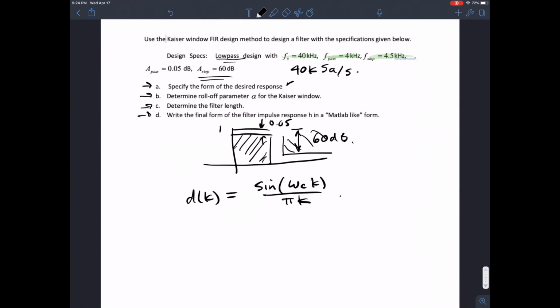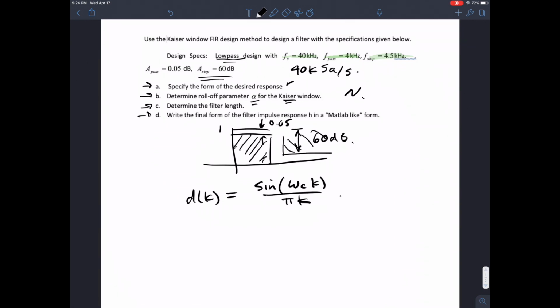And then we take these specifications and we need to apply them to get alpha and the order for the Kaiser window. Once we know alpha and the order, we essentially have the filter design.